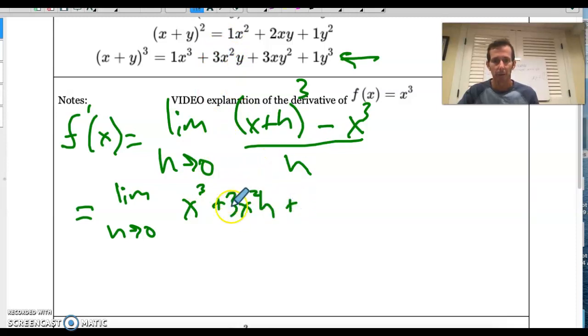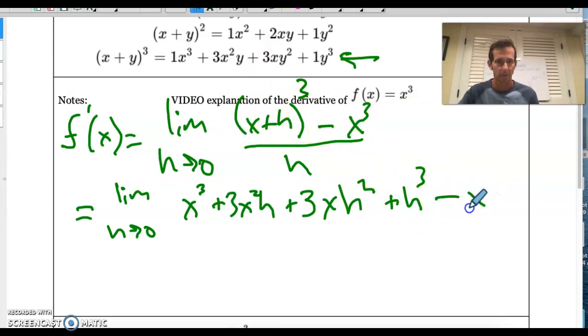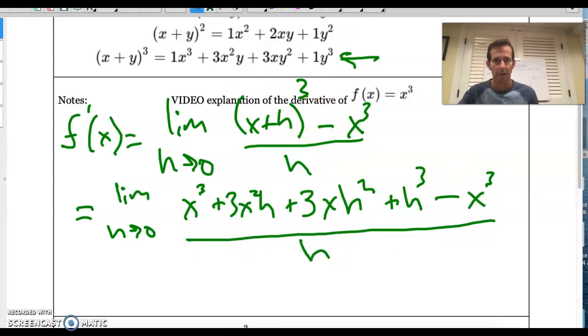This is again the binomial expansion coefficient, and it shows up again, but now my x goes from a power of 3 to a power of 2 down to a power of 1. h is increasing in power. It's now h squared, and then 1 is my coefficient in my last term, and I cube this thing, so h cubed. That's the expansion of this, and I still have this minus x cubed on the back, all over h. So this is why I said this one's going to be a little bit quicker.